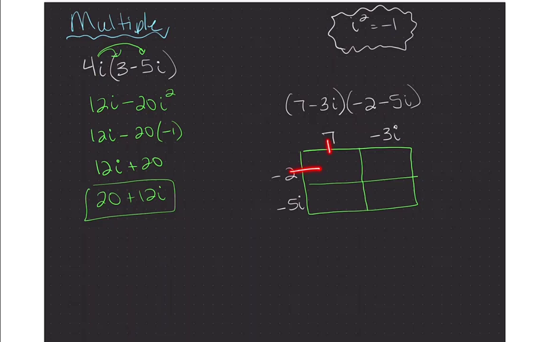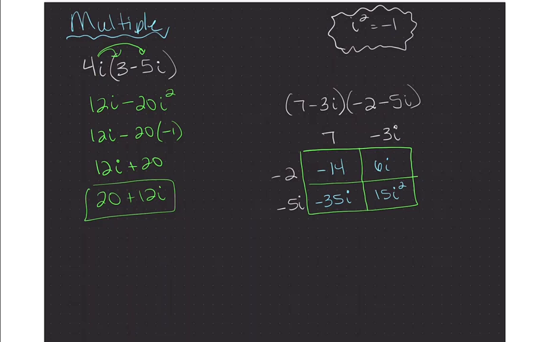7 times -2, -14. This is going to give me 6i. And then I'm going to get -35i. And then I'm going to get a positive 15i squared. I think we're pretty good at doing those, right?